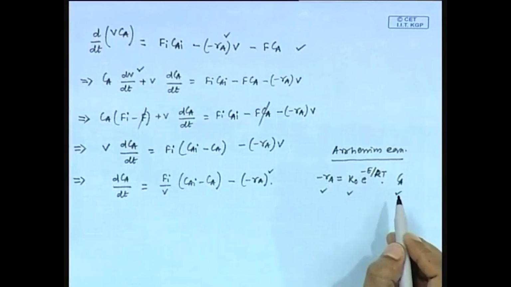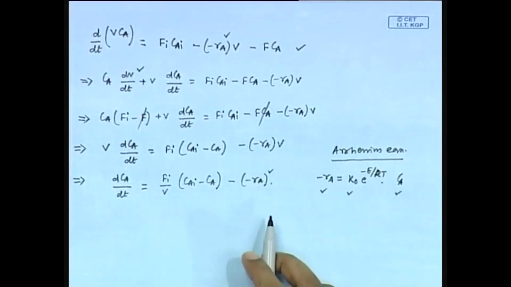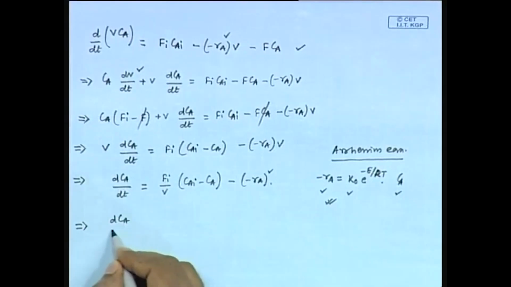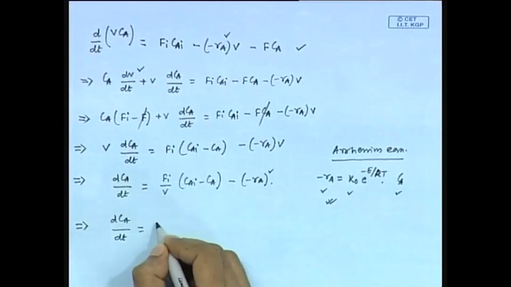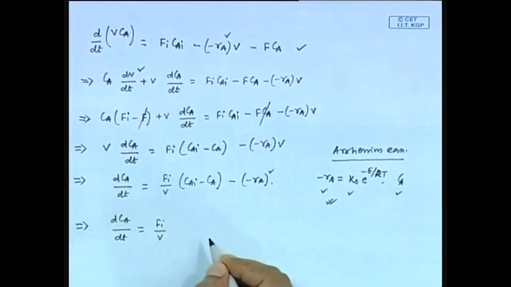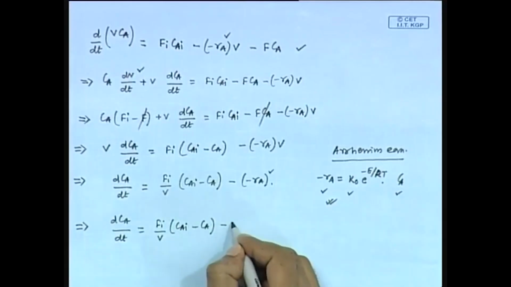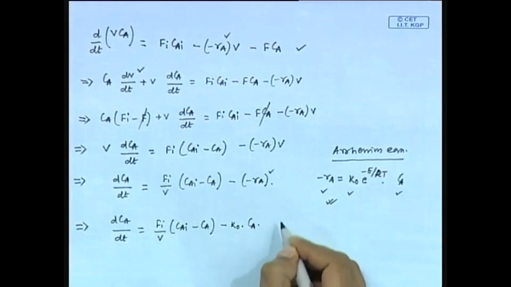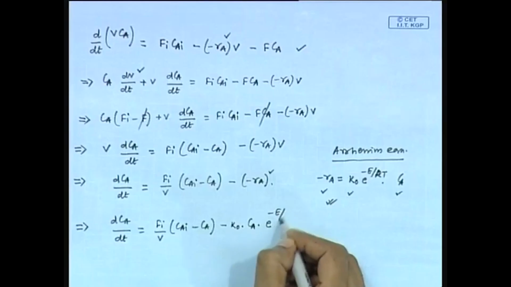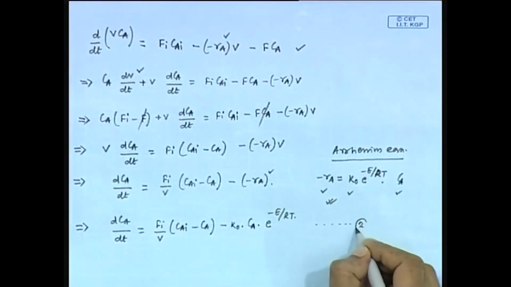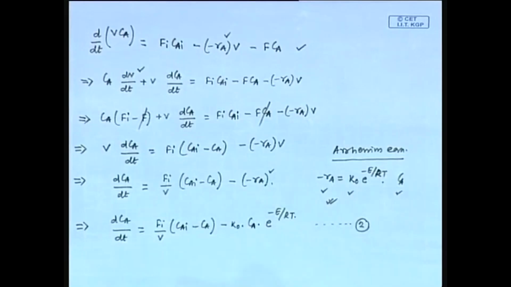E is the activation energy and R is the universal gas constant. If we substitute this reaction rate expression here, then finally we get dCa/dt equals Fi divided by V (Cai minus Ca) minus K naught Ca exponential of minus E divided by RT. So, this is the final form of component mass balance equation.